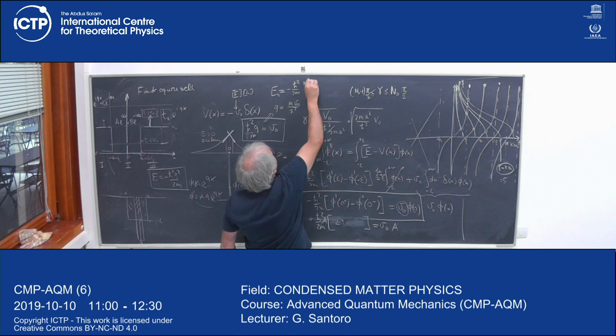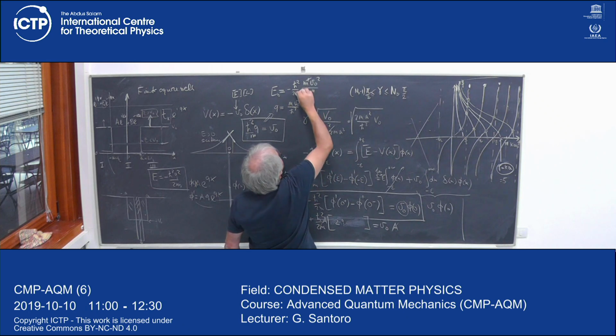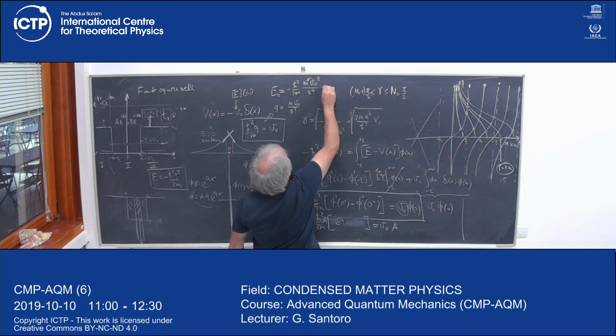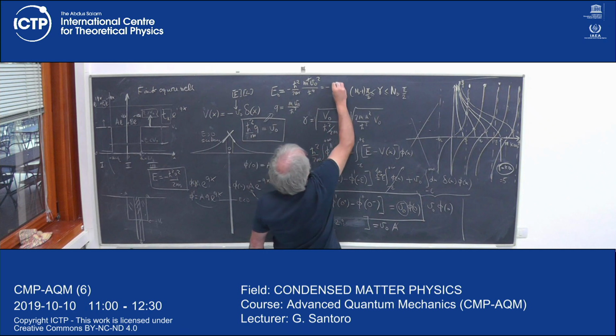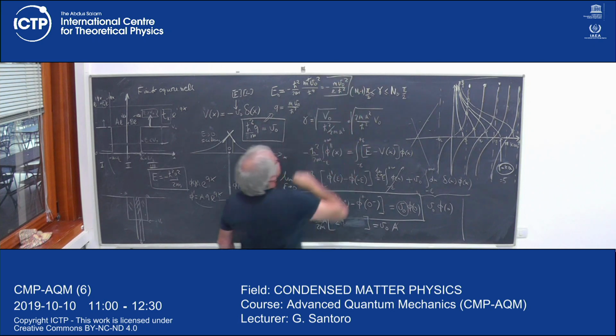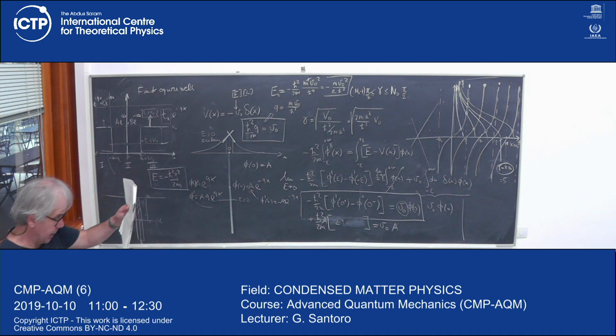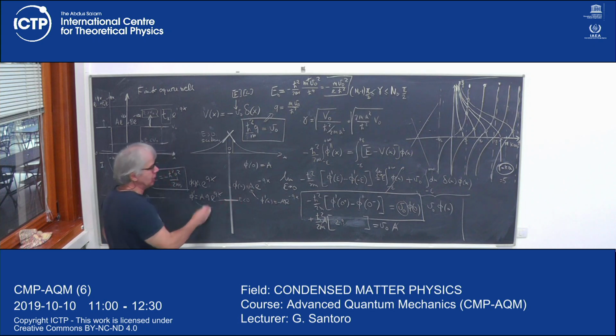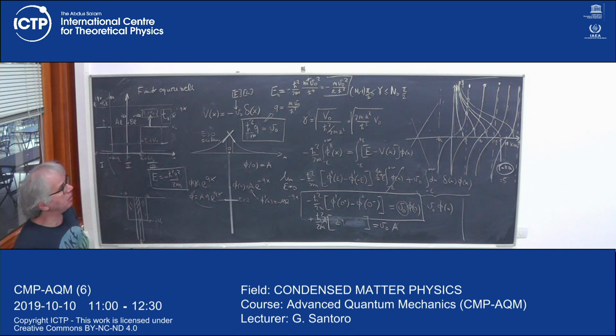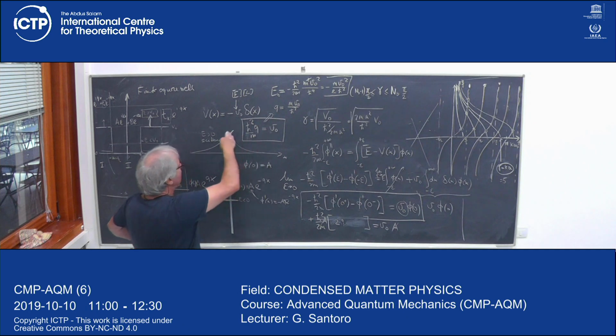So m squared V0 squared divided by h bar to the 4th power. So this and this go, and this becomes minus m V0 squared divided by twice h bar squared. If you put the dimensions, this is an energy. So it's the negative energy bound state of this problem.